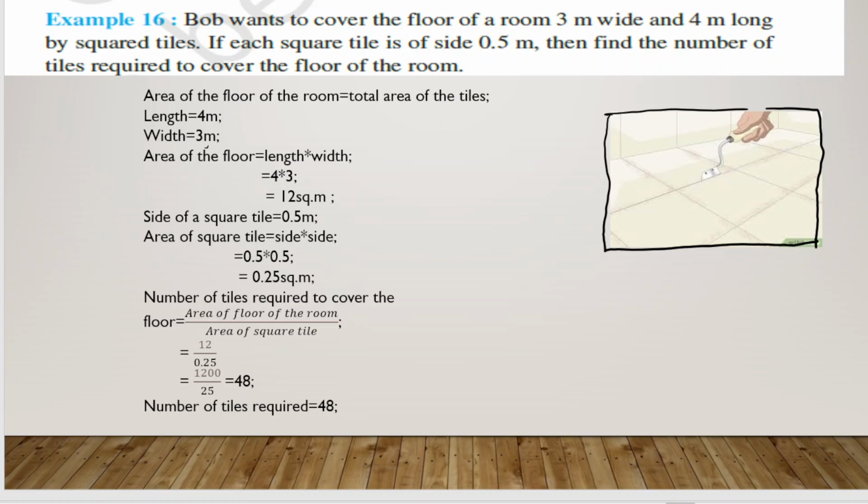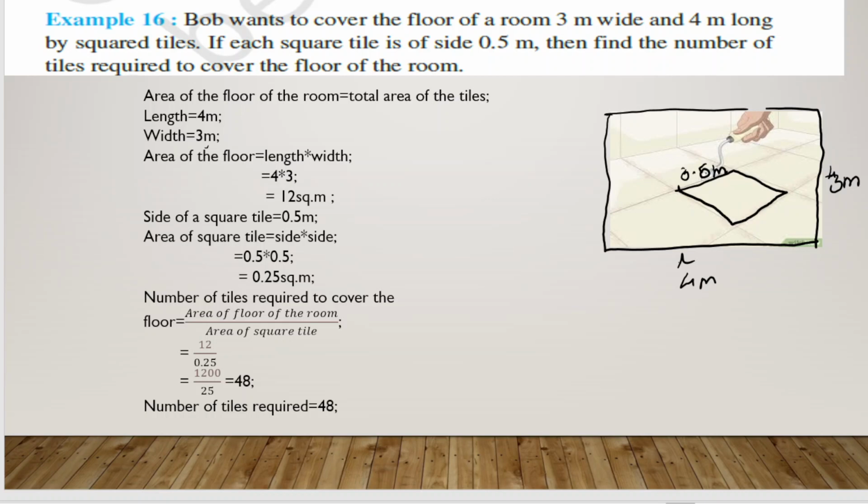Here the length of the room was given 4 meters and breadth was given 3 meters. And each square tile is of side 0.5 meters. So this whole room has to be covered with the tiles.